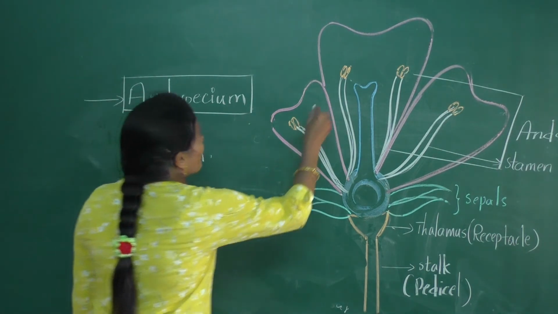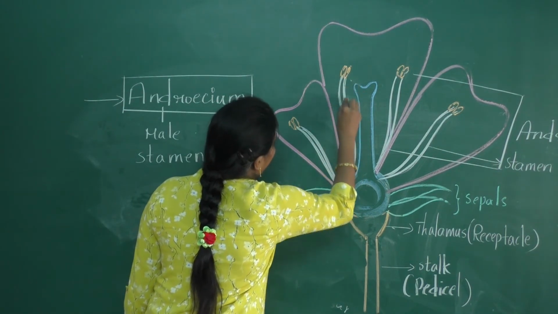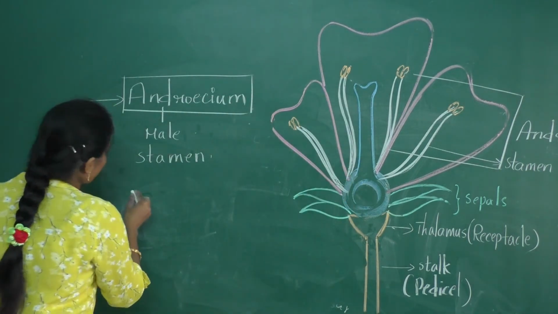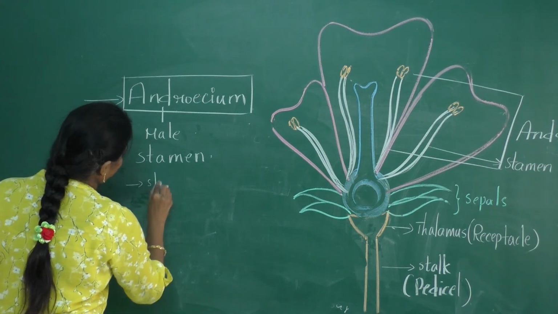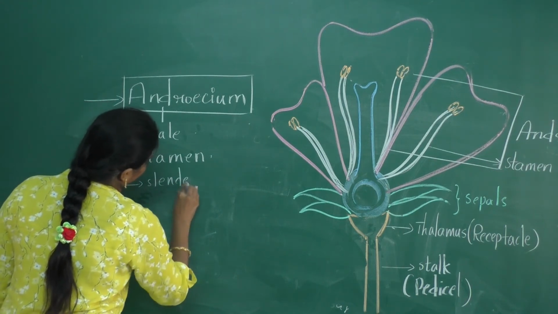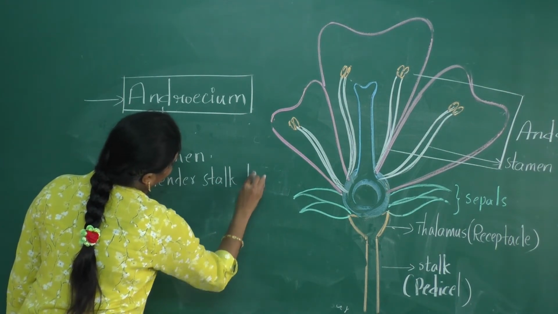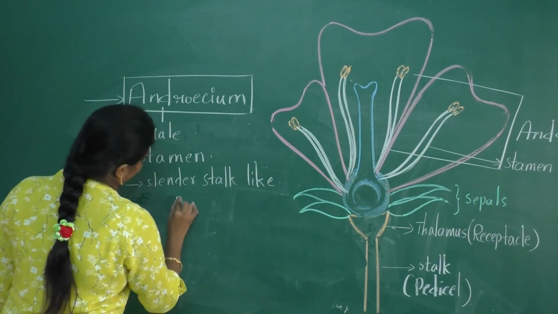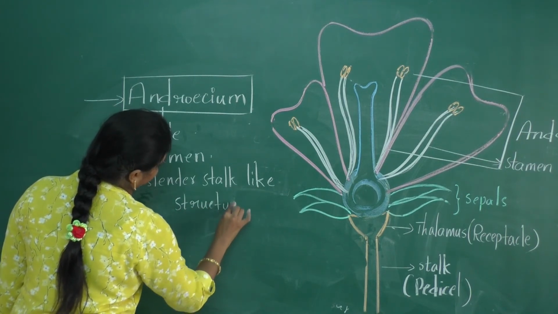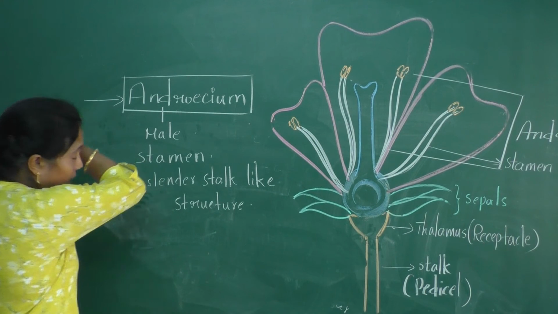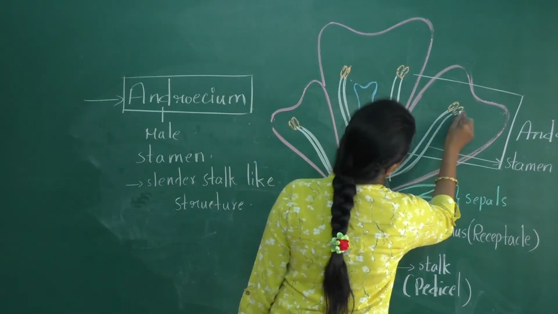So here in stamen you are seeing the slender stalk-like structure. Stamen consists of a slender stalk-like structure. Here this is called anther.